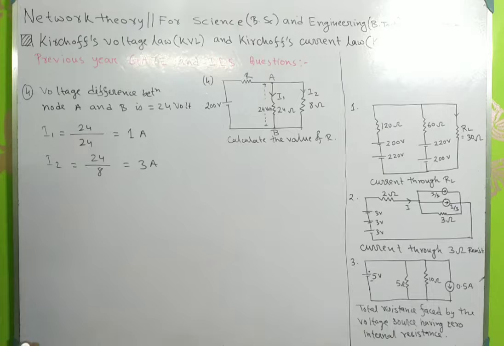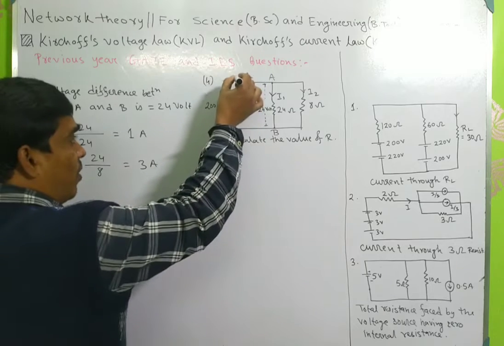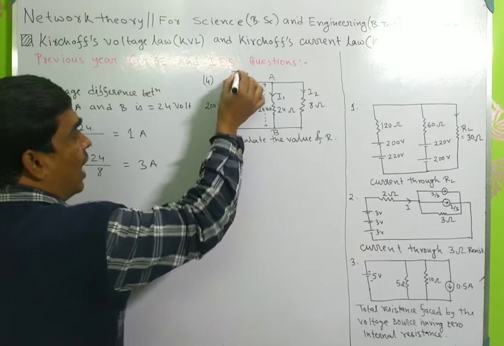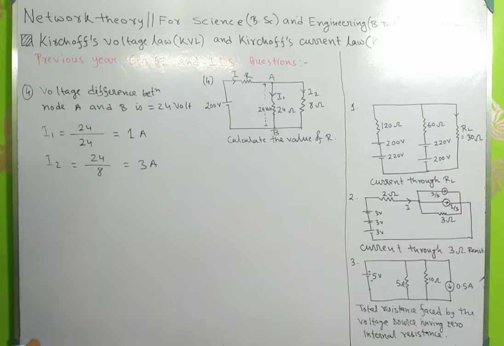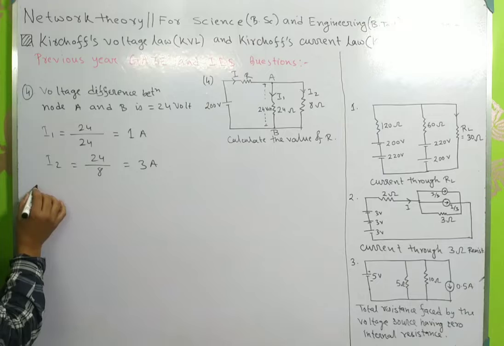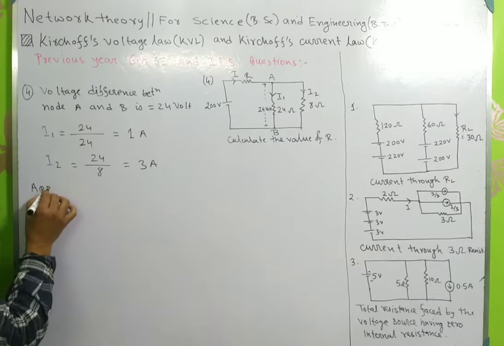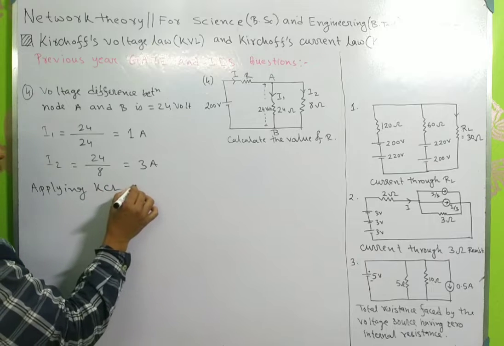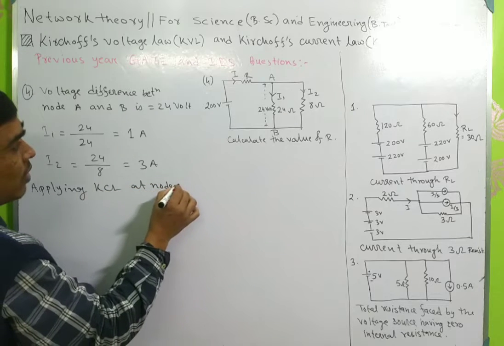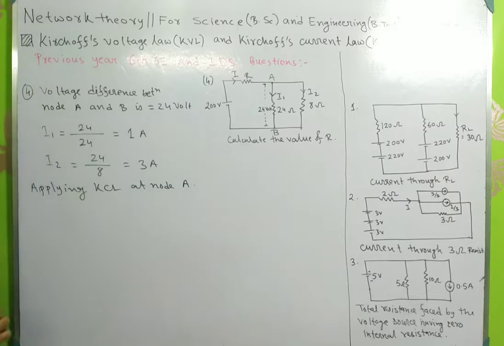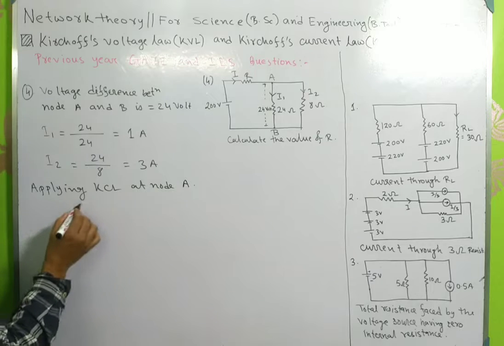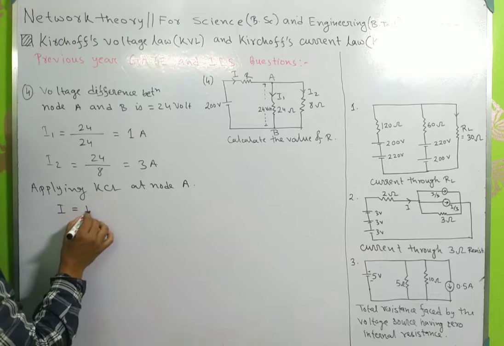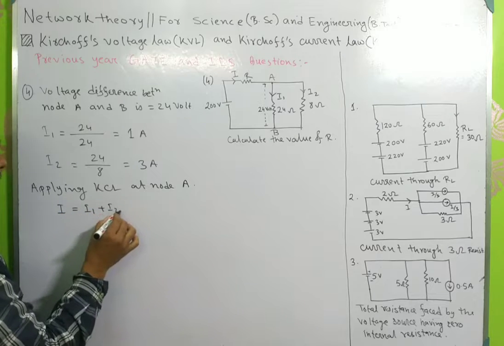So suppose the current from this voltage source is I. Then applying KCL at node A, we can write that the incoming current is I and the outgoing current is I1 plus I2.